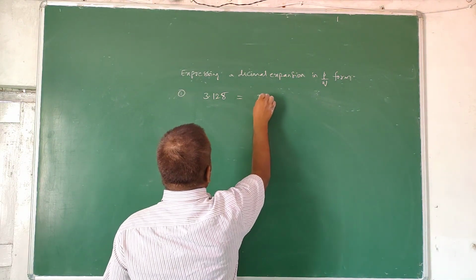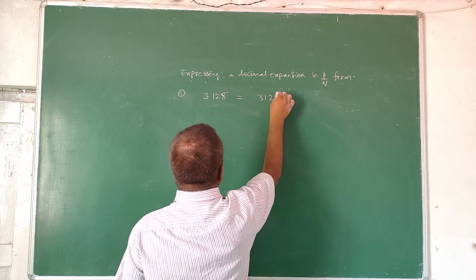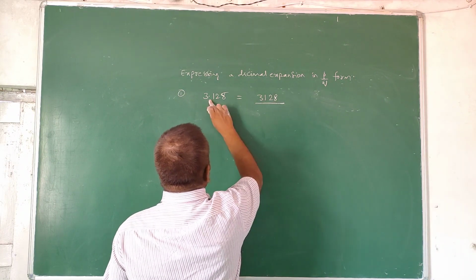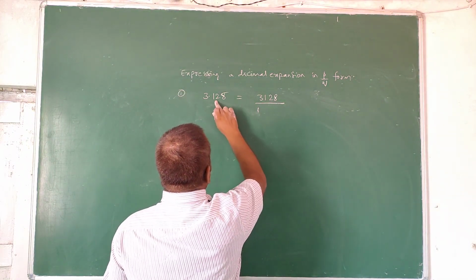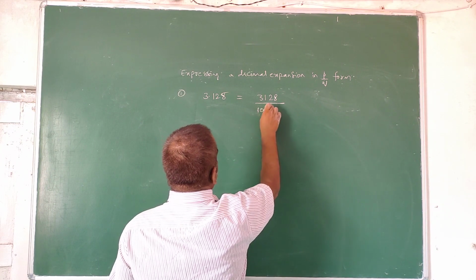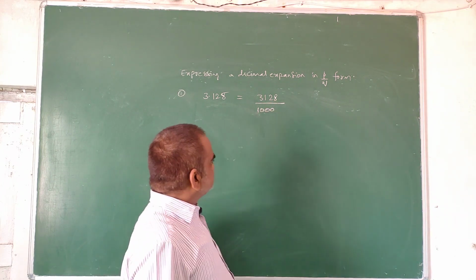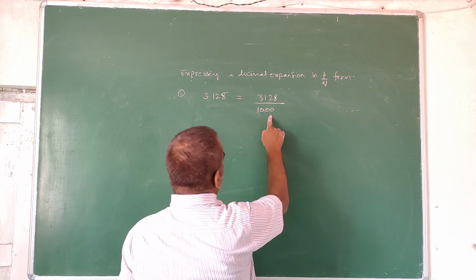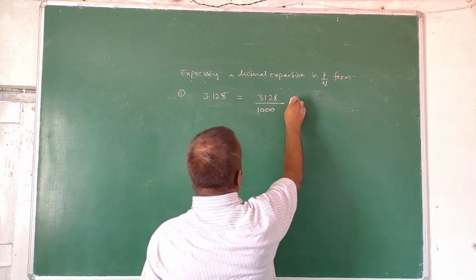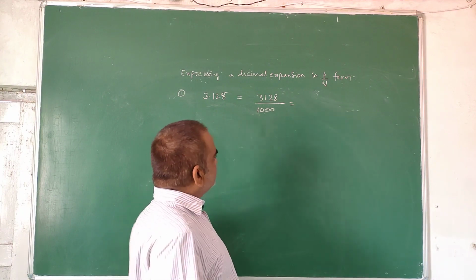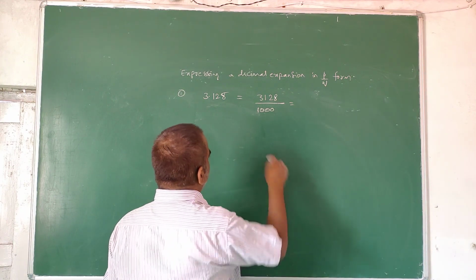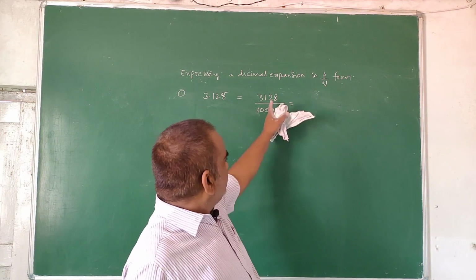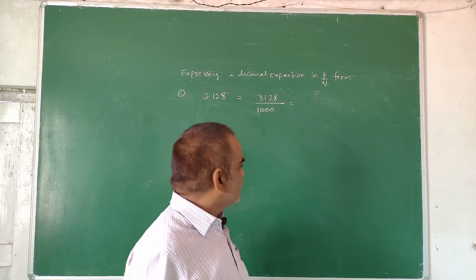So for this decimal you have to take 1, and for 3 digits you have to take 3 zeros. So 3128 by 1000. If you want, you can further cancel and simplify and express this P by Q form in its simplest form.